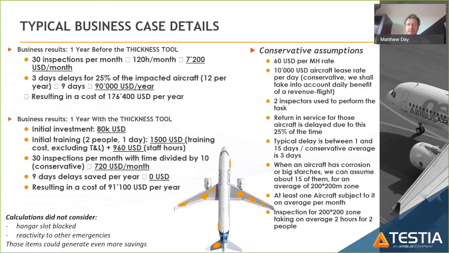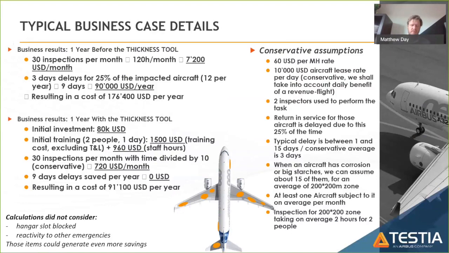There's no delays impacted by this measurement because of the reduced inspection times, resulting in a cost of 91,000 US dollars. A few things that we didn't include in the calculation are hangar slots and reactivity to other emergencies.